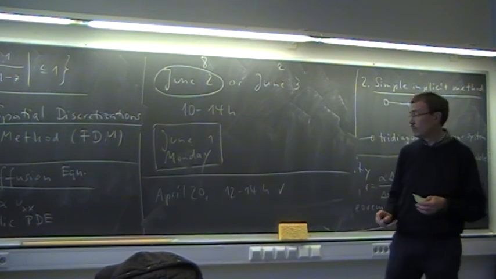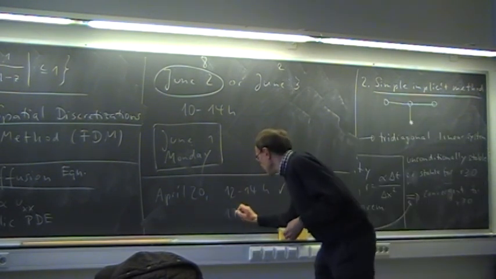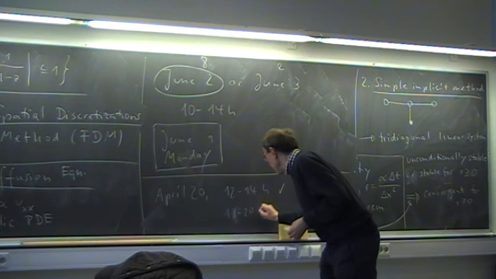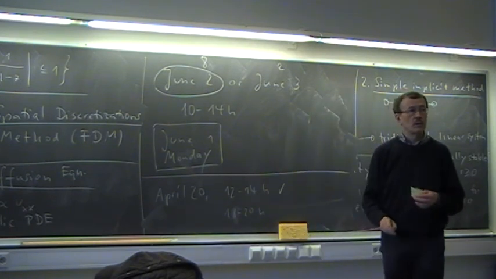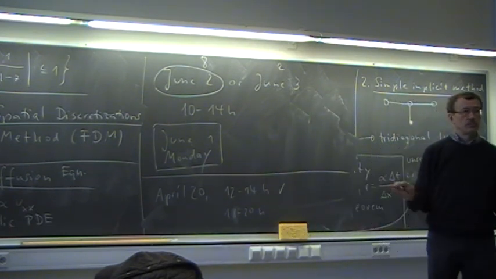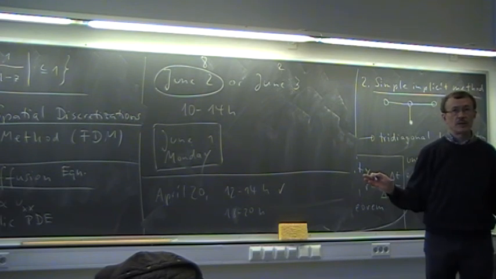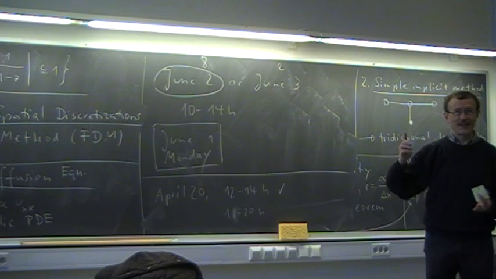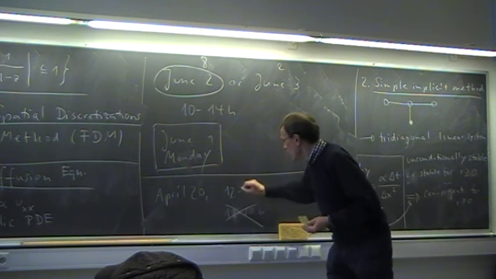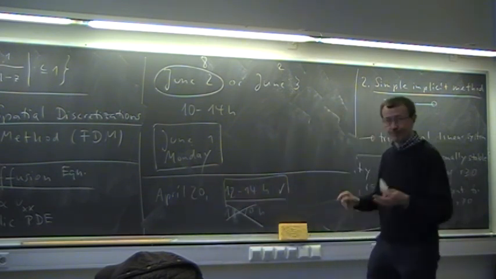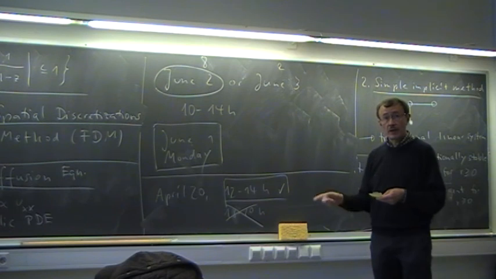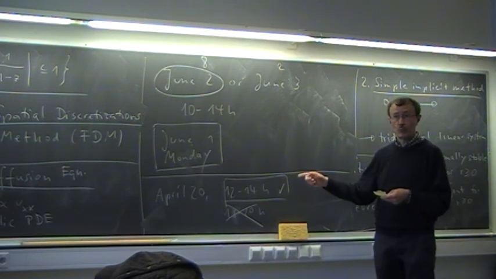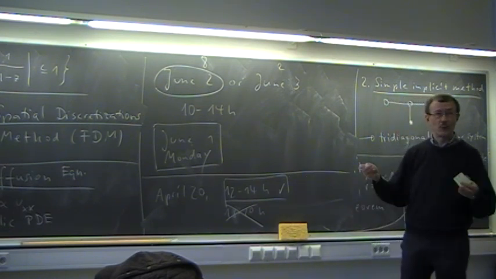The question is now for 18 to 20. Please tell me if you don't raise your hand now, we skip it. Is that okay? Okay, so then we keep this, and then that will be the last lesson event for the whole course.